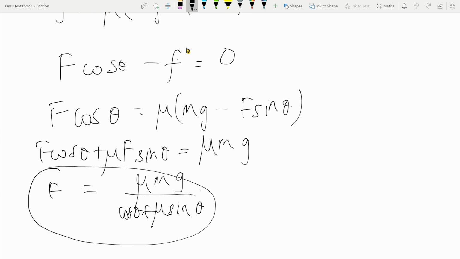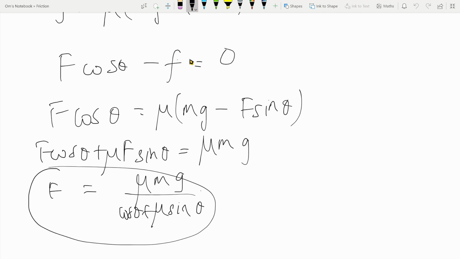but we are not done yet, because this just gives us a value of F in terms of the angle with respect to the horizontal, and that's not really useful to us, right? This is just a general expression for F. So what we need to do is differentiate this expression with respect to theta in order to find the minimum of the force F that we have to apply, such that we get a particular value of theta for which this force is minimum.